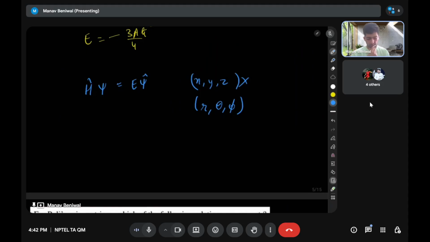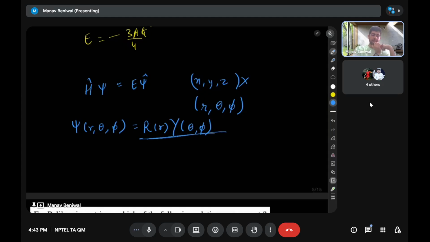We break psi, which is a function of r, theta, phi, into two components: one is the radial component, and the second is the angular component. So our wave function looks something like this. Don't worry, I hope this will be taught next week.